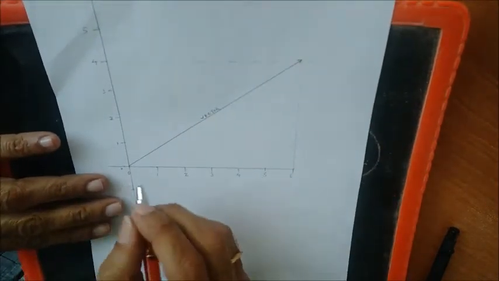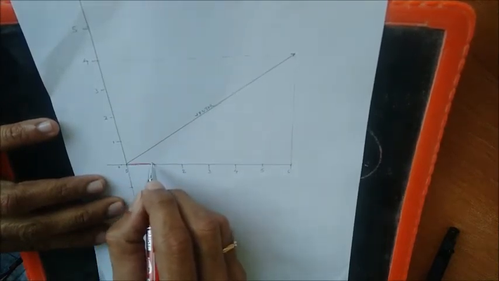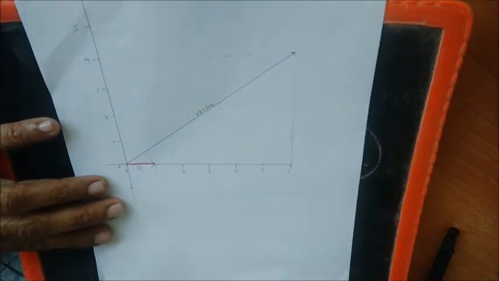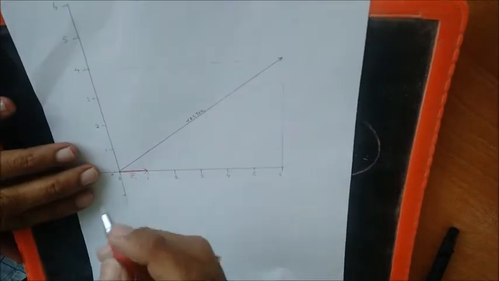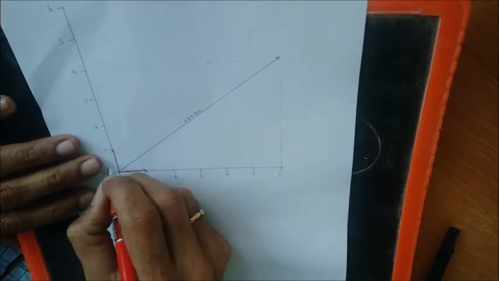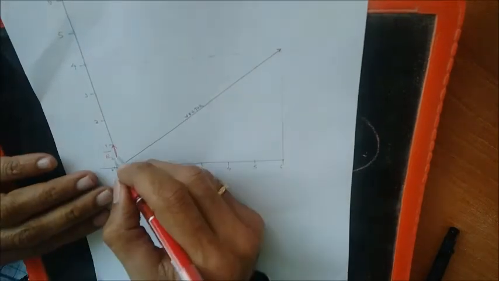E1 is 1, 0, so this will be E1. And E2 is 0, 1, so this will be E2. So this is E1 and this is E2.